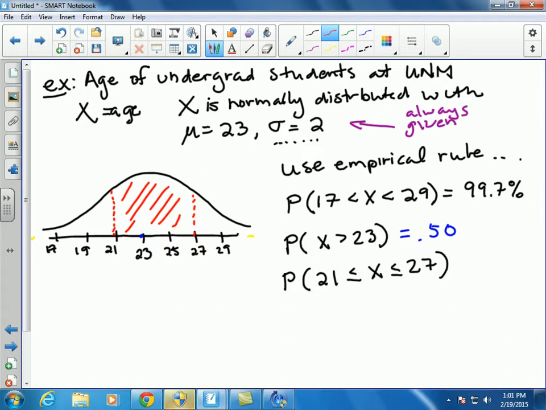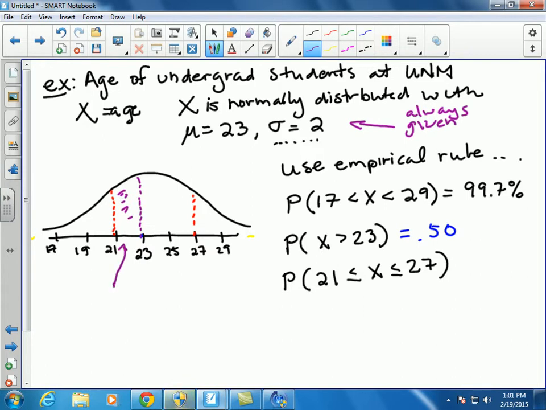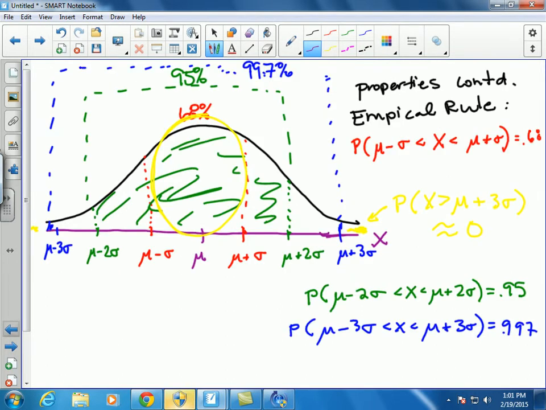What I do know is that I can use my empirical rule, and in between 21 and 23, this section in here, I know that within that section, it's 1/2 of 0.68, or 1/2 of 68%. If you are saying, what? Where'd that come from? Go back to the previous slide, and I show you that right here, it's the 68% that's covered in yellow, but it's because I'm halving.